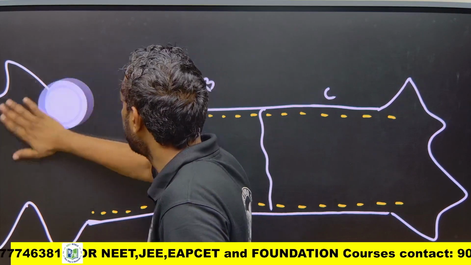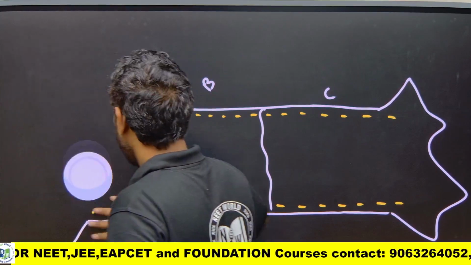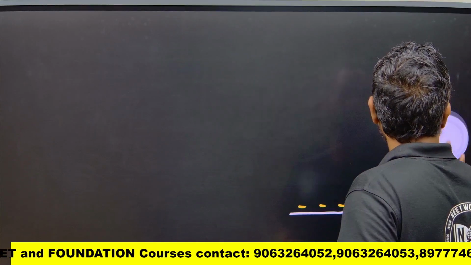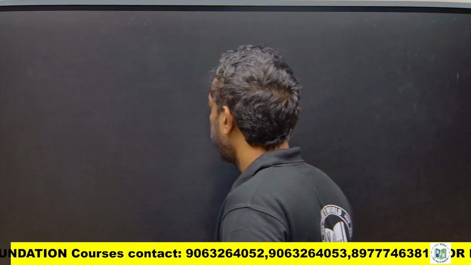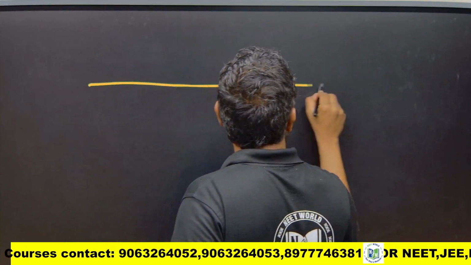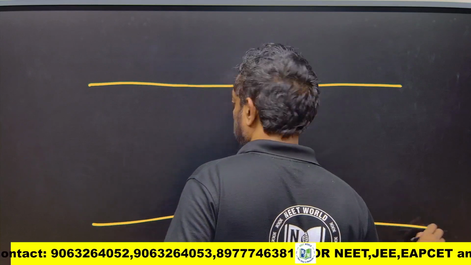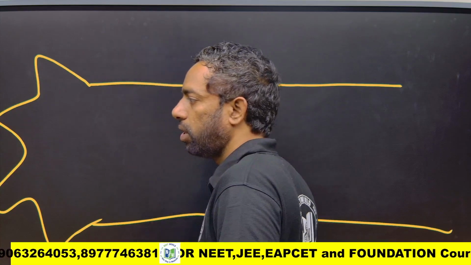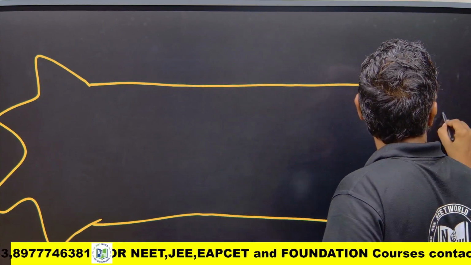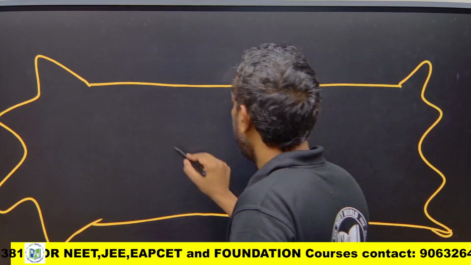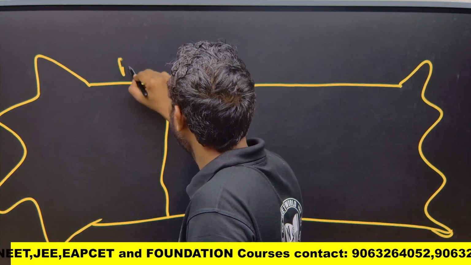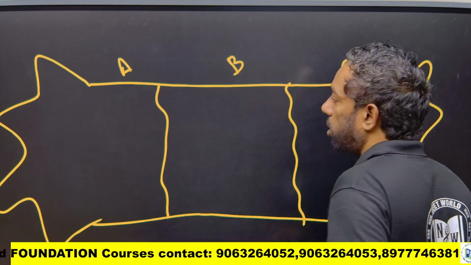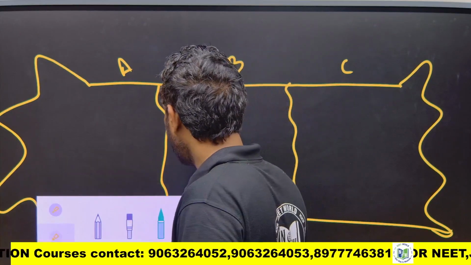I am not appearing on this part here, so I am going to write again. This is the neuron, this is the telodendron, this is A segment, B segment, C segment. Now conduction takes place at the nearby membrane.